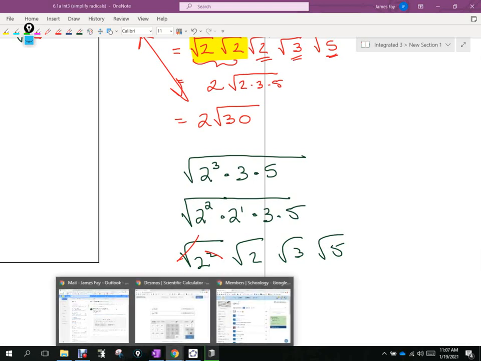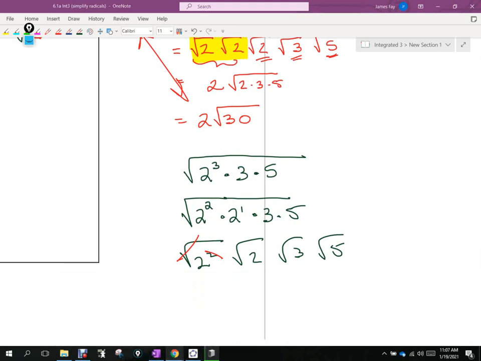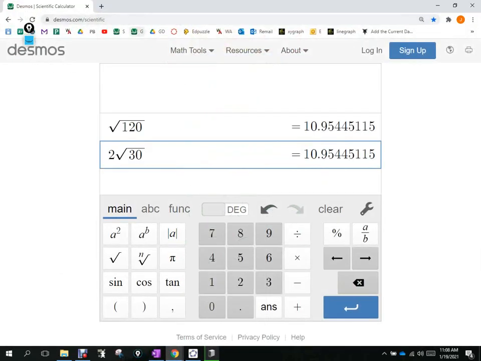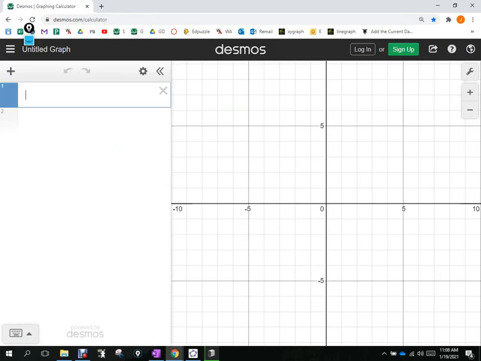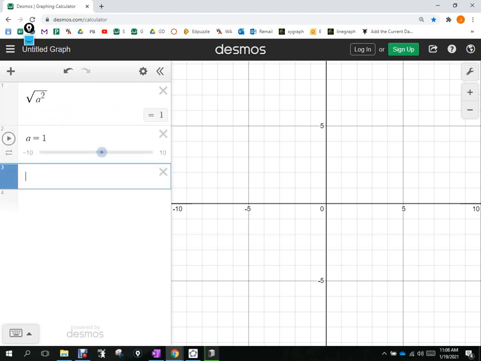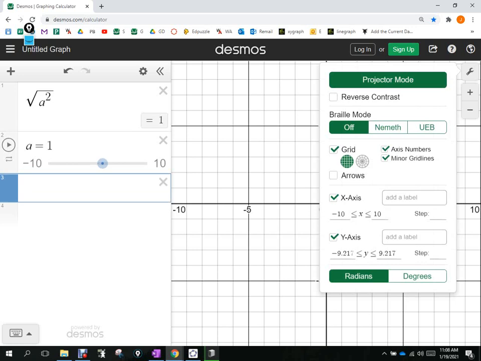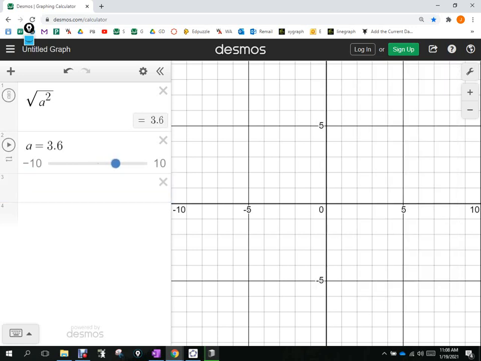We went through, I think we did it on Desmos here, where if I say I'm going to take the square root of like a squared, no matter what I make a, as long as it's a positive number in this situation, no matter what I make a, when it puts it in here, do I get back 3.6?